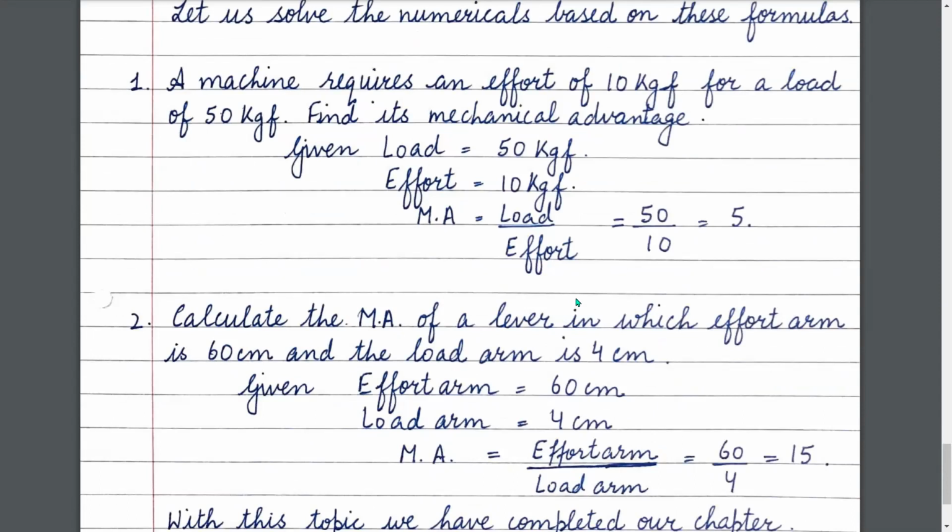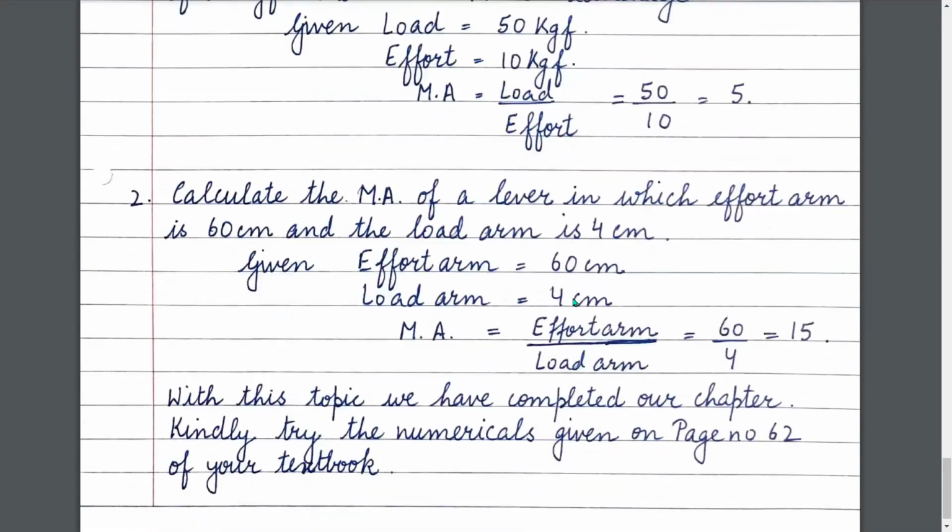Next question. Calculate the mechanical advantage of a lever in which effort arm is 60 centimeter and the load arm is 4 centimeter. What is given? Effort arm equal to 60 centimeter and load arm is equal to 4 centimeter.